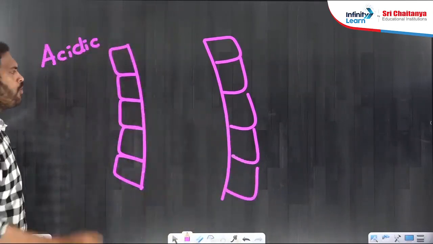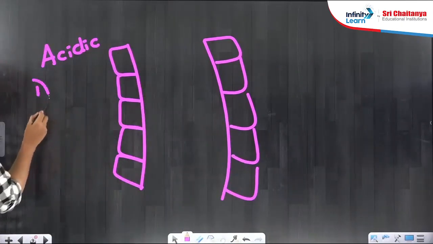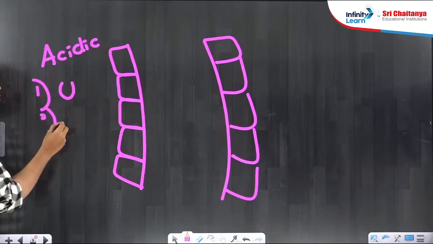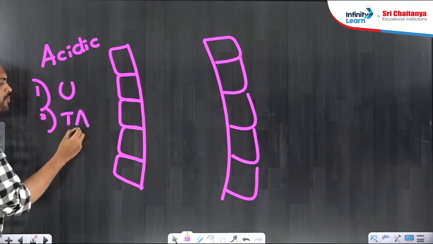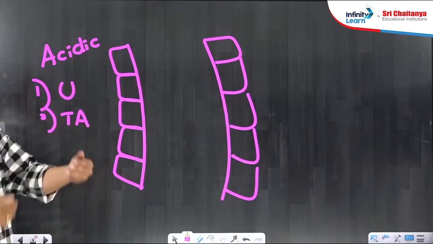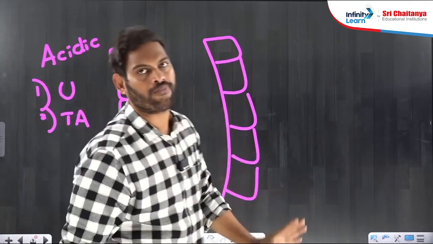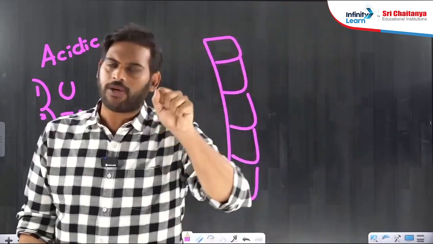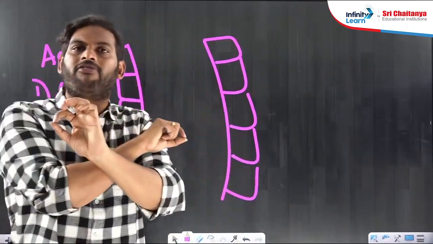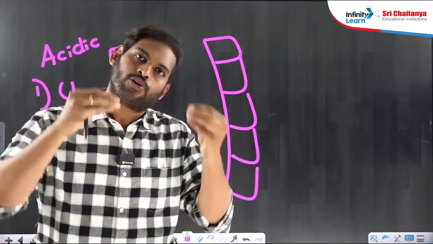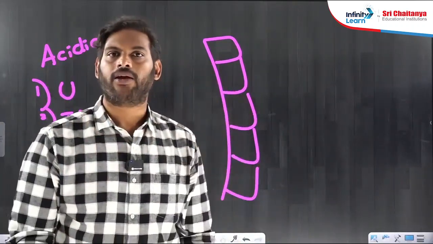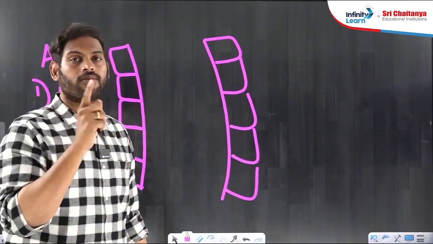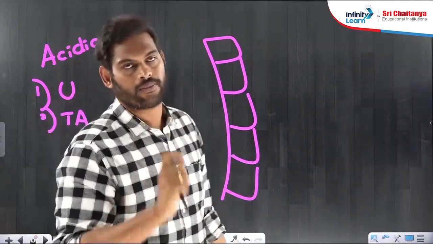Understood? So the first step in urine formation was ultrafiltration. Second step was tubular absorption. Now even tubular absorption, just like ultrafiltration, is not a perfect process. It was also a faulty process. It absorbed everything, which is not a good thing.